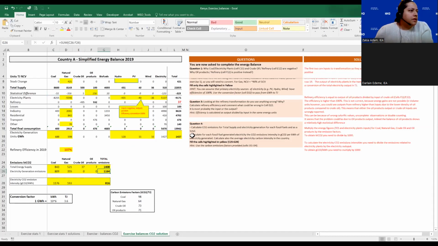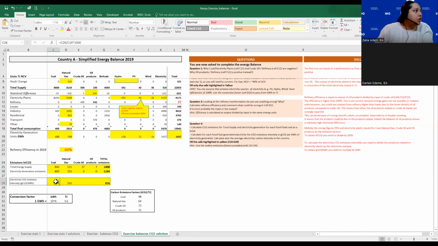Then the second question in question 4 was: calculate for each fossil fuel generated electricity the CO2 emissions intensity in gram of CO2 per kilowatt hour of electricity generation. Calculate also the average electricity carbon intensity. To calculate the electricity CO2 emission intensities, you have to divide the emissions related to the electricity plants by the electricity output.